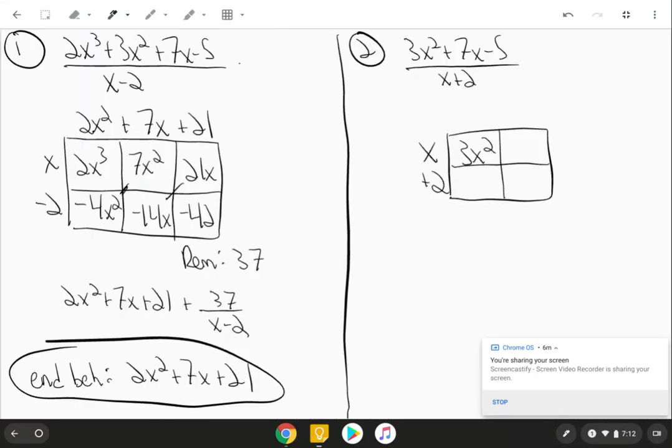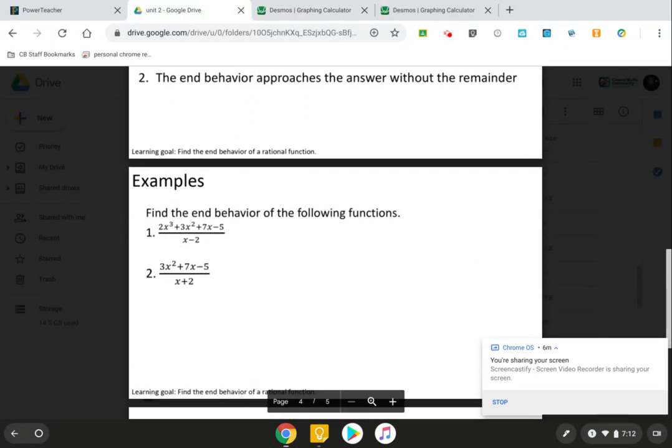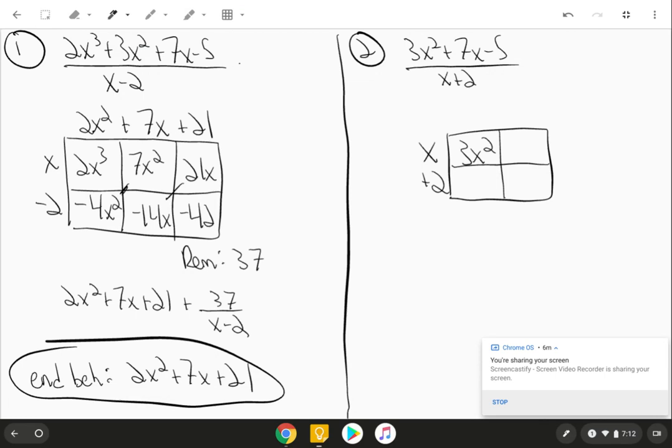Let's go ahead and do quickly number 2 in our examples. We have 3x squared plus 7x minus 5 over x plus 2, and we're going to find the end behavior of that rational function. Let's divide this out. x times 3x is 3x squared.